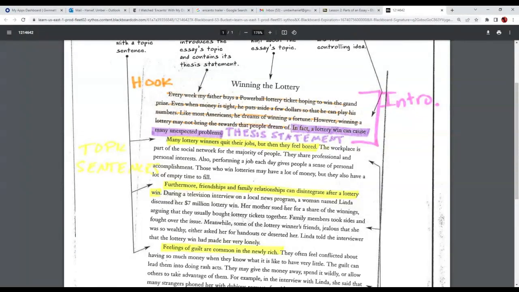And actually, I want you guys to have your 1101 book. I want you to mark pages 52 and 53. You can see that I've done a lot of highlighting myself. What pages 52 and 53 do is give you 8 different strategies for writing a hook.